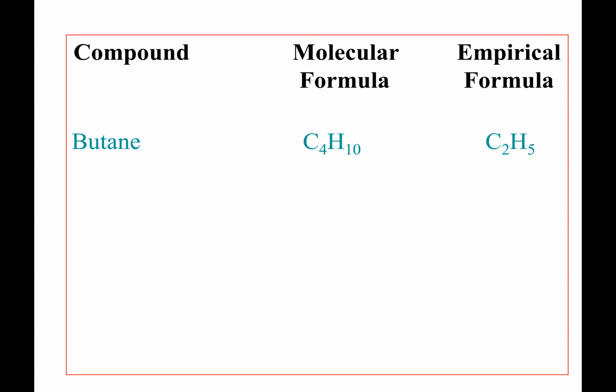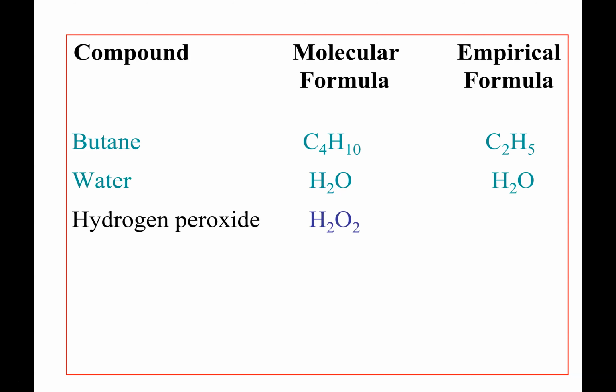The real deal of butane would be 4 carbons and 10 hydrogens, but the relative amount could be reduced to, say, C2H5. So some things can't be reduced. The molecular formula of water, H2O, I can't divide 2 and 1 by a whole number and get another set of whole numbers. So the molecular formula and the empirical formula are the same thing.